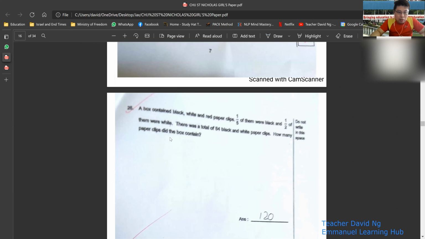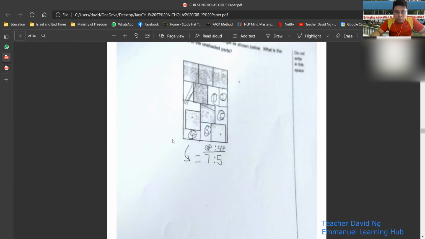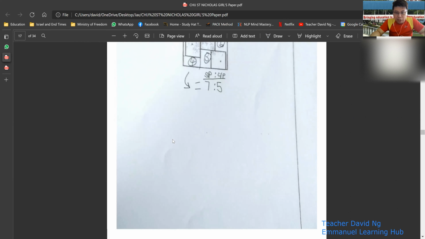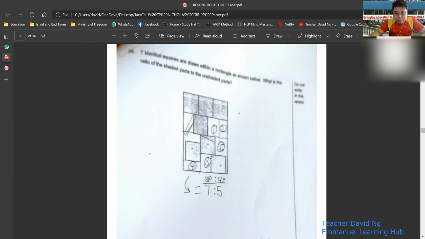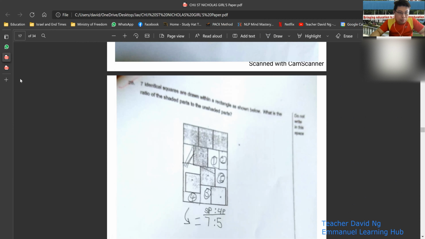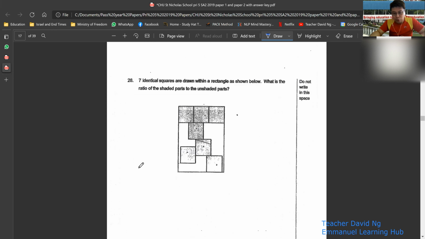Then 28. Same thing, how do you get 7 to 5? Maybe explain to me, how do you get 7 to 5? I see if your reasoning is sound or not. Where did the 5 come from? 7 is from the seven boxes, but where did the 5 come from?